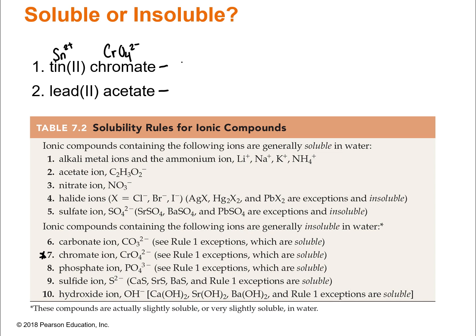And since they have equal but opposite charges, we can just throw it together like that. That's tin-2 chromate. Lead-2 acetate. We've got lead-2 plus. The acetate ion is C2H3O2 1-. We're going to have 2 of those so that we balance out that lead.